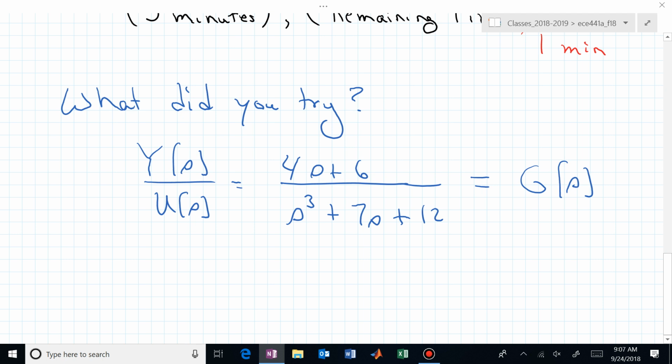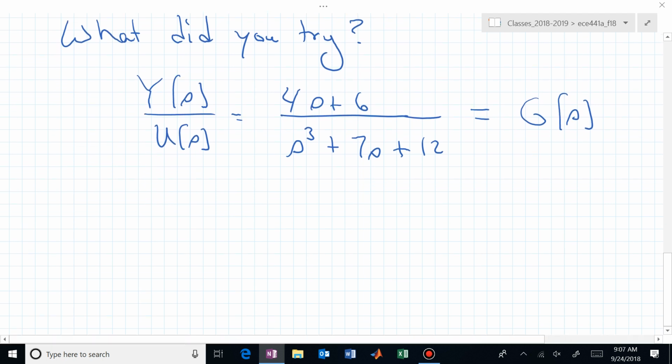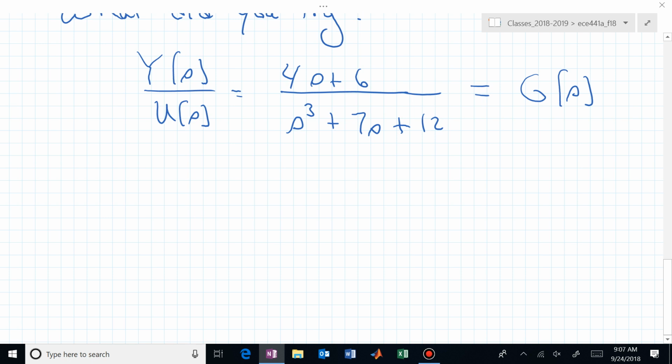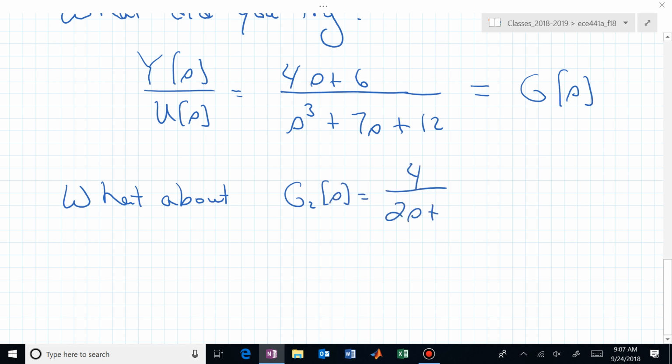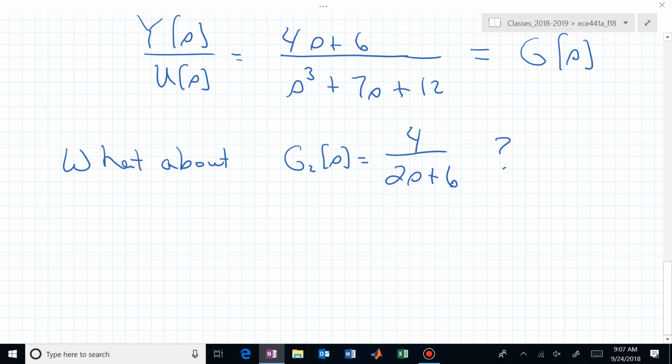Let me simplify it and show you my thought process. I'm talking to the interviewer now, and I'm saying, let me take a simpler case to show you the strategy. And so you might say, what if I looked at the following transfer function, g2 of s, equaling 4 over 2s plus 6?